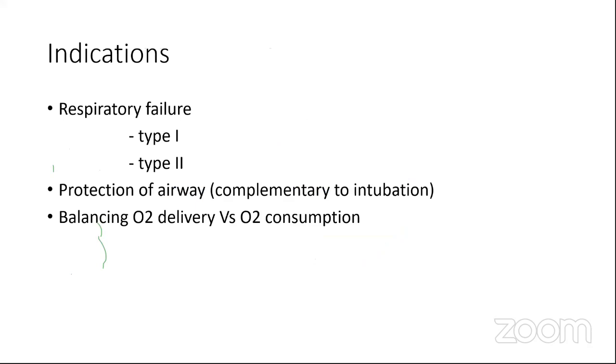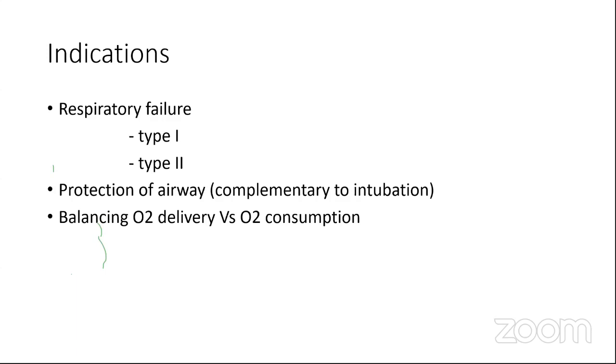Now to some details, starting with the indications. So obviously, the first and most common indication of mechanical ventilation is respiratory failure, whether it is type 1, where only hypoxia is there, or type 2, where hypoxia and hypercapnia are both there.